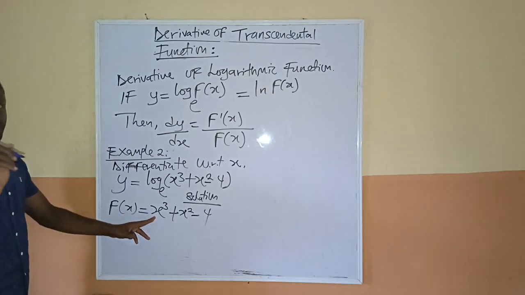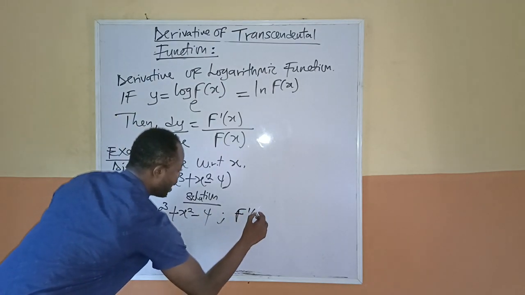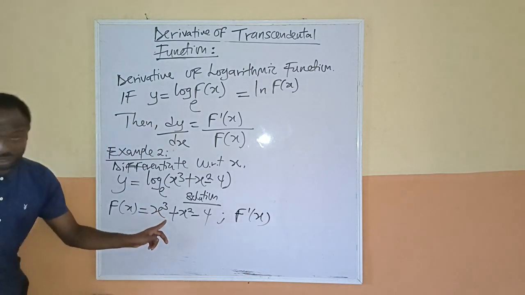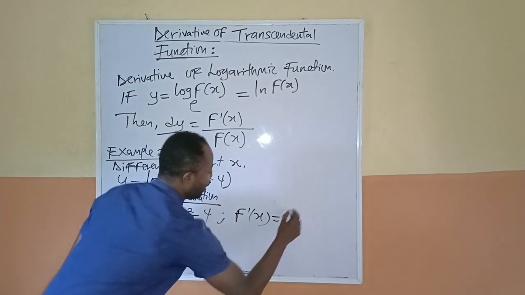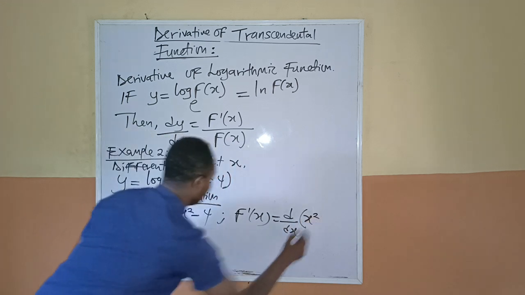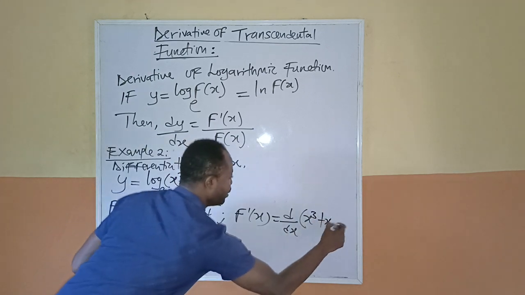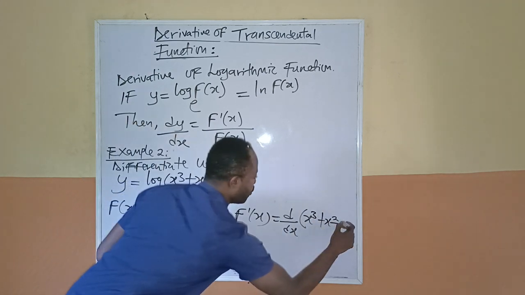Differentiating this once will give me f prime x, the derivative of x cubed plus x squared minus 4.